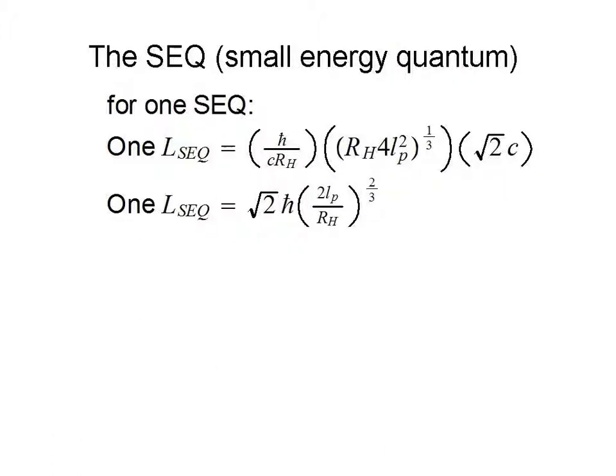Looking now at the small energy quantum, the SEQ, we find the angular momentum of one SEQ is equal to the product of the SEQ mass times the SEQ radius times the tangential velocity, and we get the square root of 2 times h bar times 2 Planck lengths divided by r sub h to the 2/3 power.